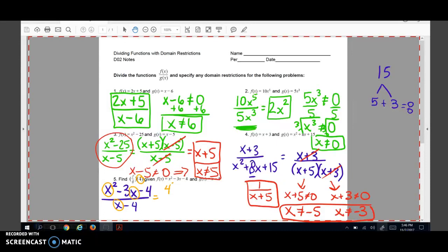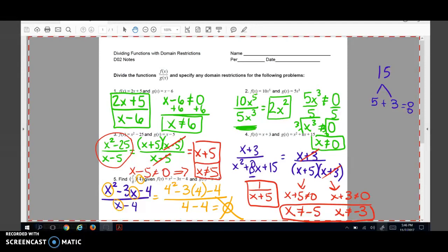So that would give me 4 squared minus 3 times 4 minus 4 all over 4 minus 4. The problem with that, as you can see, is that my denominator will equal 0, and we cannot have that.